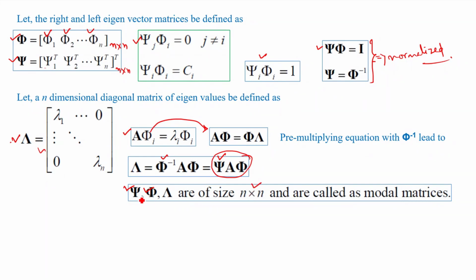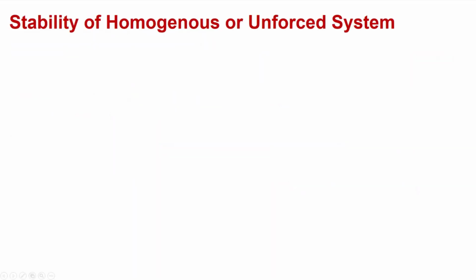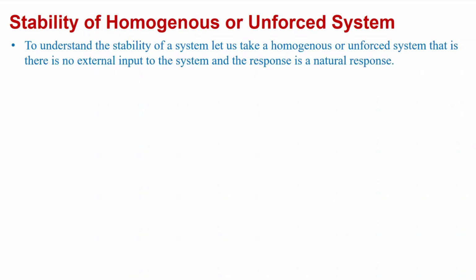All these three matrices are called modal matrices. Through these matrices, we will do the modal analysis of the stability of the system, which we will see in the later slides.